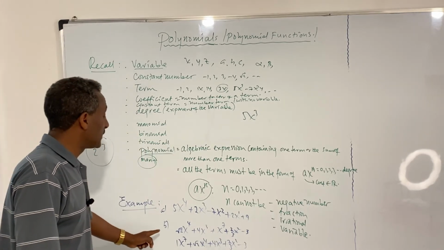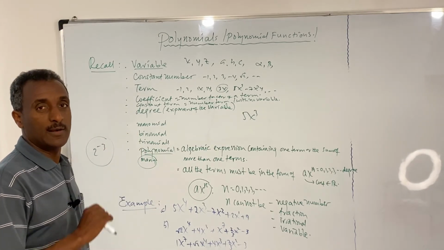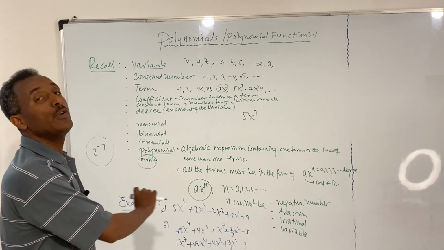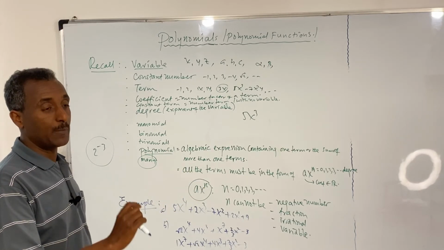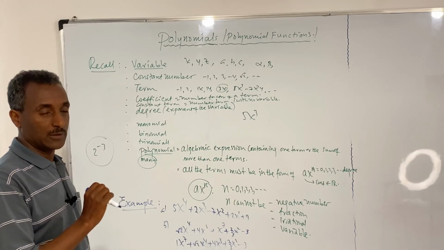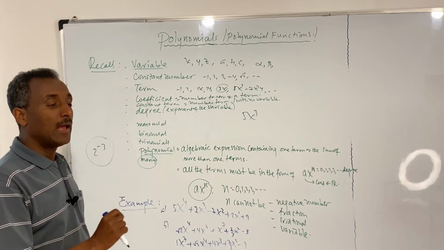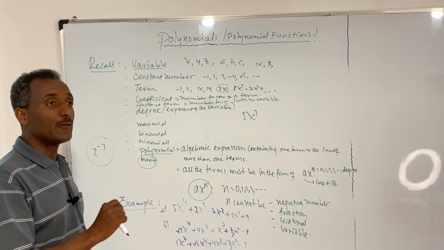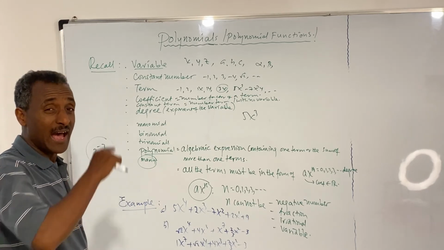When the coefficient of the highest degree, or the leading coefficient, is 1, it is called a monic polynomial. A monic polynomial is a polynomial whose leading coefficient is positive 1. What does leading coefficient mean? A leading coefficient is the coefficient of the term in the polynomial with the highest degree.